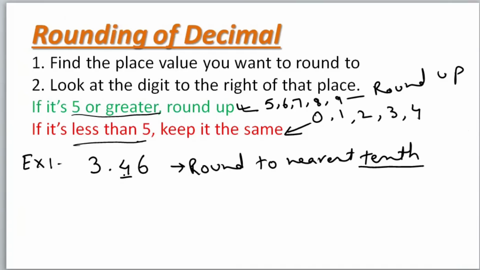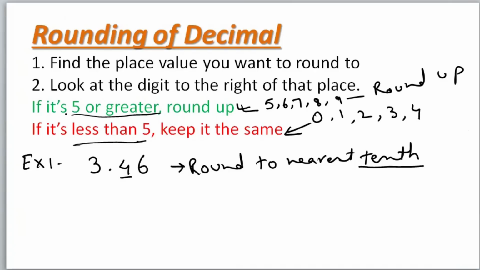Okay. So what do we have to do first? Now we know which place we have to round, so we have to look to its right side. So which number is here? It is 6. The right of 4 is 6. So is 6 bigger than 5 or smaller than 5?